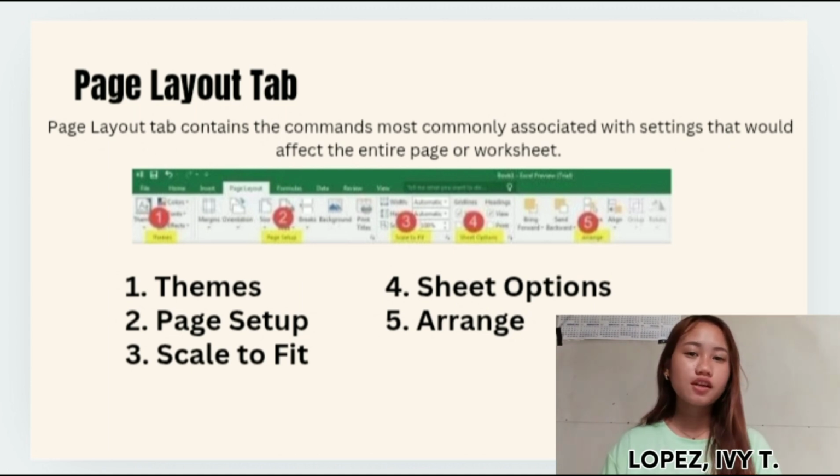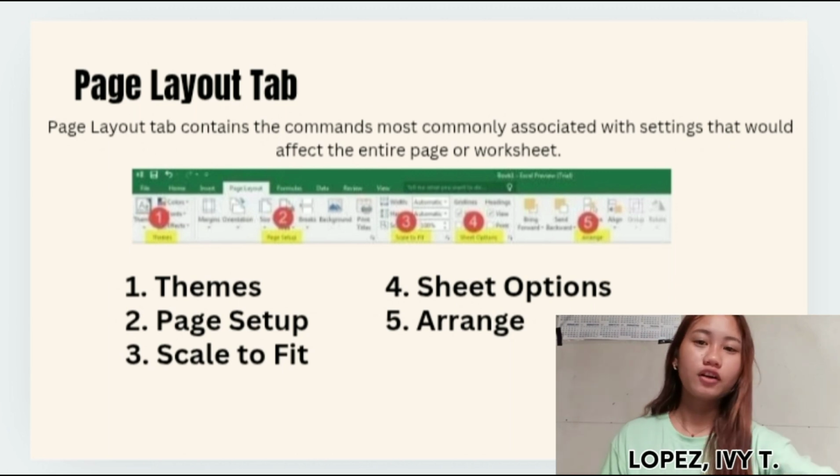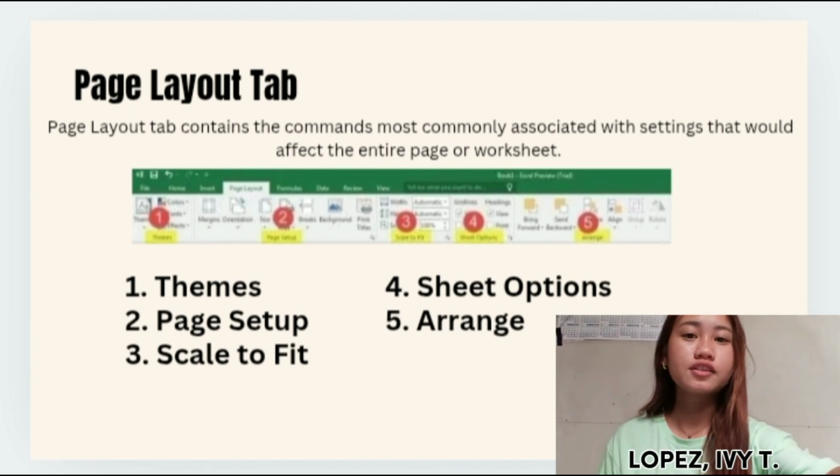Number 2 is page setup. This is an important group primarily used along with printing an Excel sheet. You can choose margins for the print. In addition, you can choose your printing orientation from portrait to landscape.